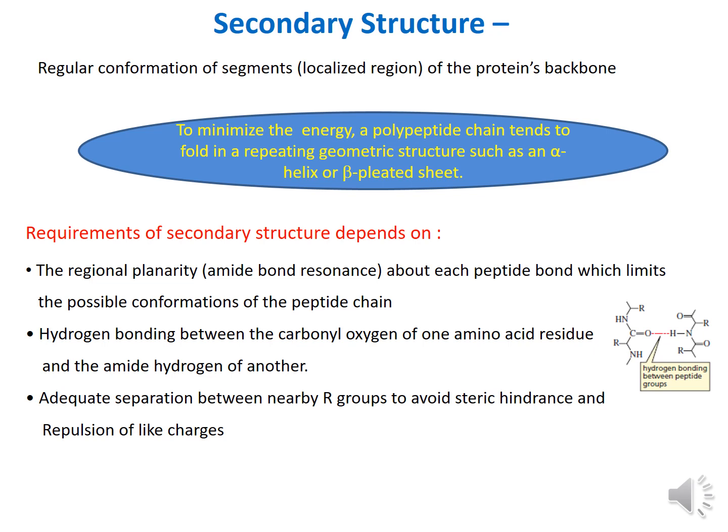Now the second one is the secondary structure. As I told in the earlier slides, this describes regular conformations of segments of protein backbones. Remember, the primary structure of a protein gives only the nature of linkages of alpha amino acids in the protein chain. It gives us no idea about the shape or conformations of the molecule.